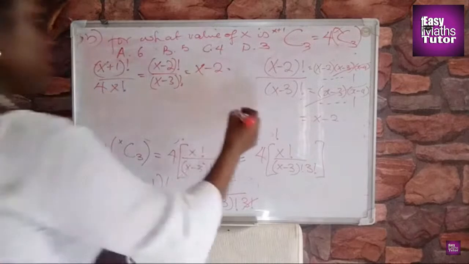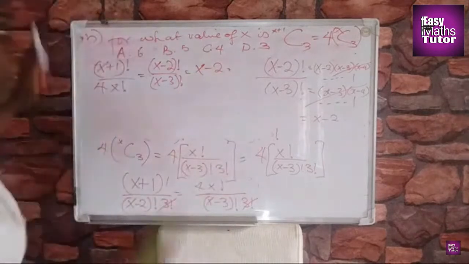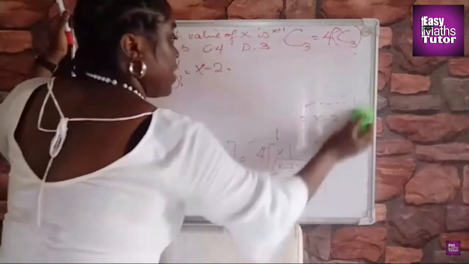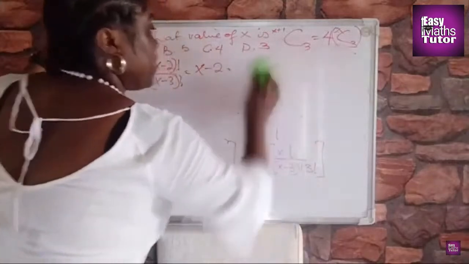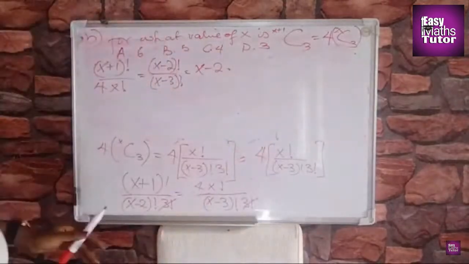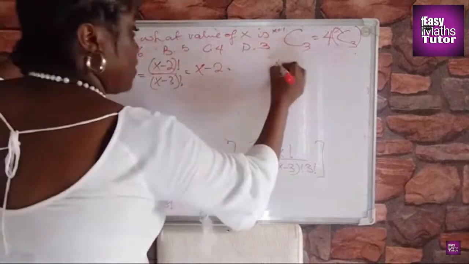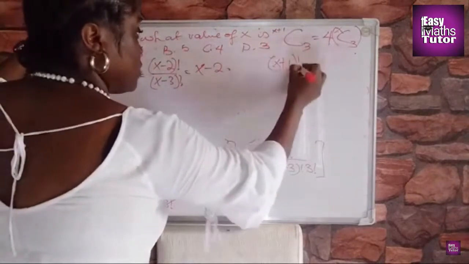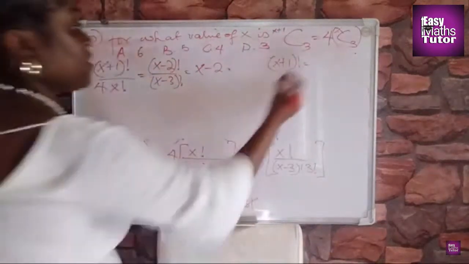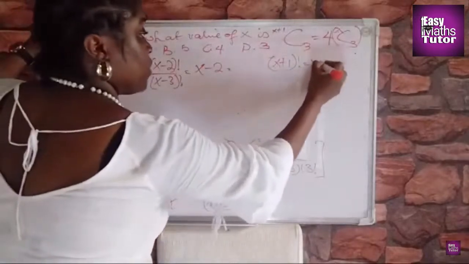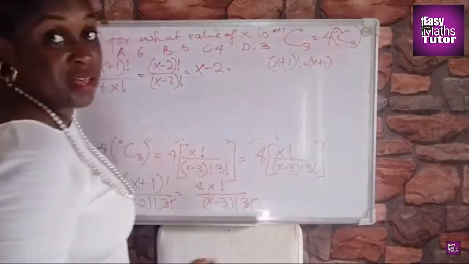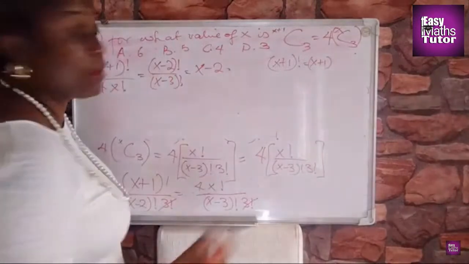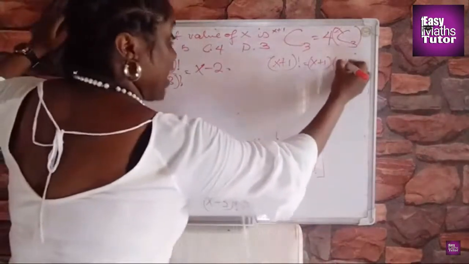Now, let's simplify it over here. Now we have x plus 1 factorial, right? Let's expand it. So it will be x plus 1. Remember, that's the first thing we are multiplying. x plus 1 times x.